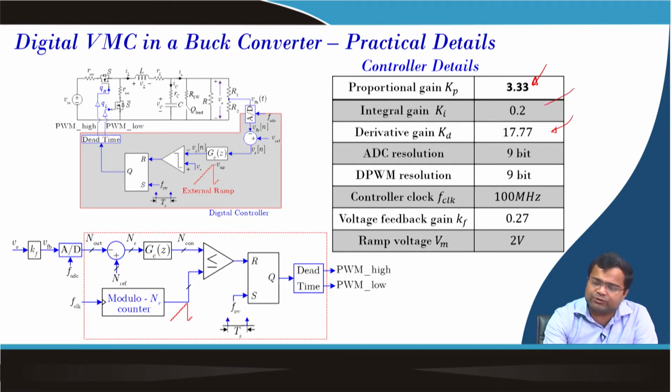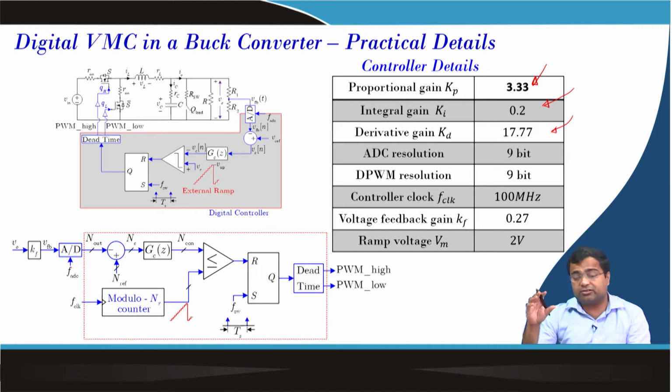Only we have reduced the integral gain because otherwise in hardware there are some other unmodeled dynamics and delay. So, we have reduced the integral gain to avoid it, otherwise it will lead to a lot of damping issues, it will become more underdamped. We have kept the same proportional and derivative gain.